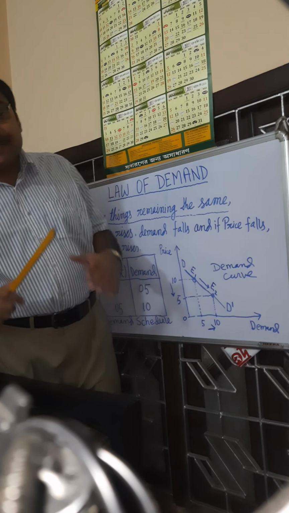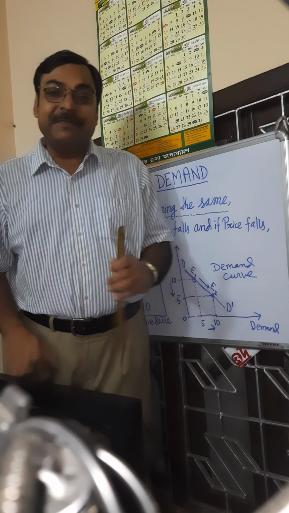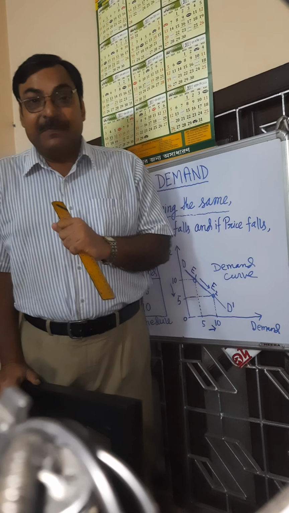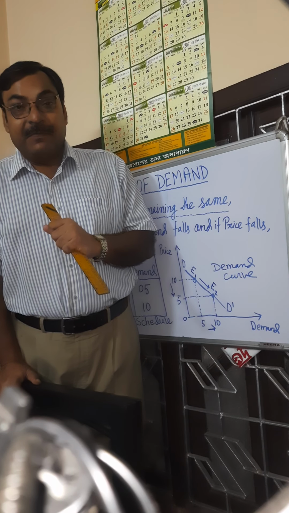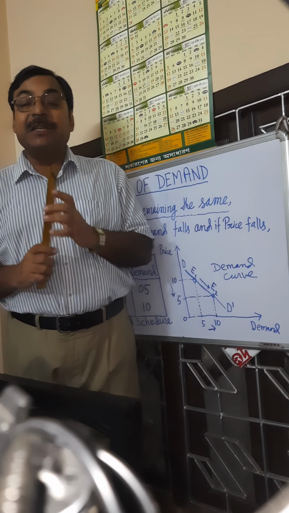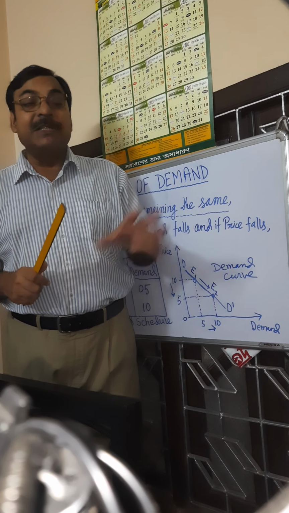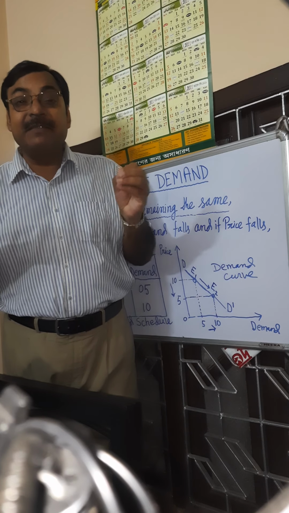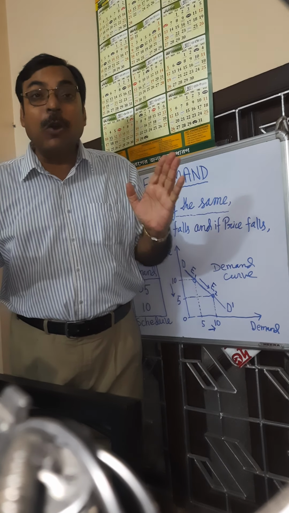So there is an inverse relation between price and demand. If we consider the price-demand relation only, considering other factors are not changing, then this price-demand relation is the law of demand.